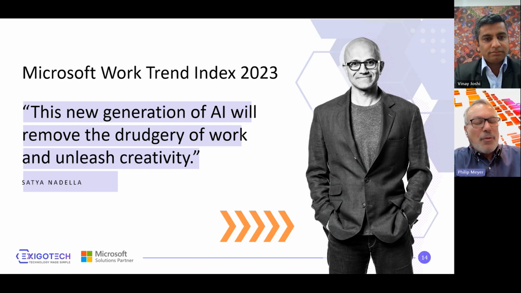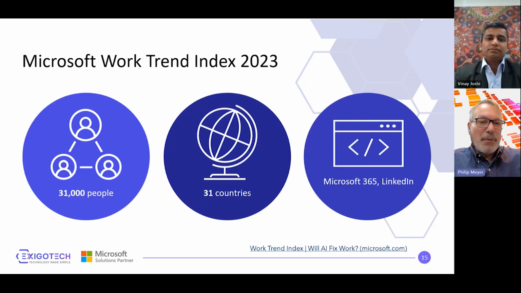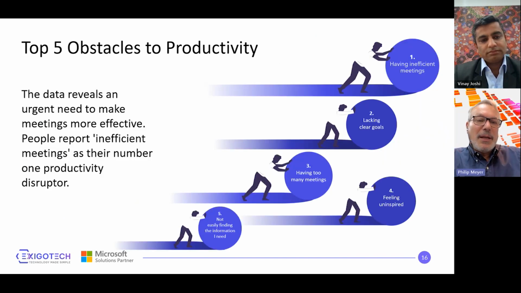This is very much what we've been doing around AI, is increasing productivity of your current staff to remove the drudgery of work. And it's kind of surprising. The research, whilst it covered 31,000 people, including nonprofits in 31 countries, in and around their usage of these technologies, the thing that was surprising was that actually people find with the Microsoft products and competitors' products, they're actually obstacles to productivity.